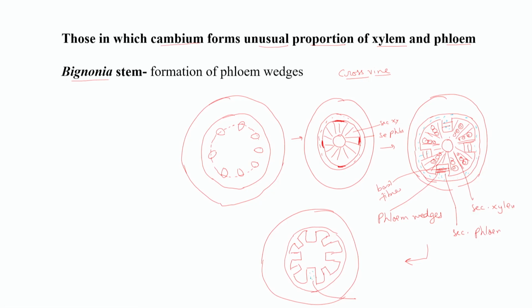So these are phloem wedges, okay. And this is xylem. So this is all secondary xylem and this is all secondary phloem. So in Bignonia you will see this type of structure.